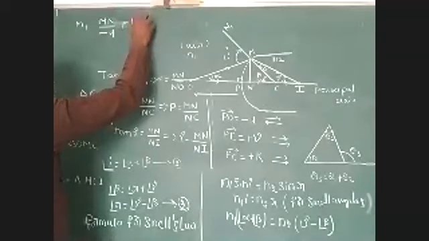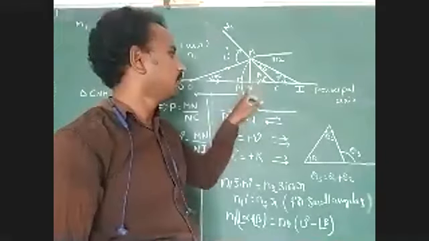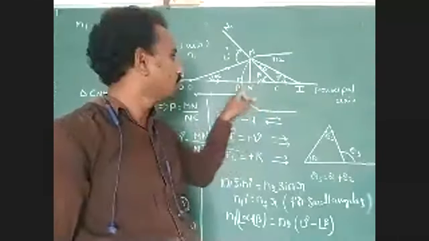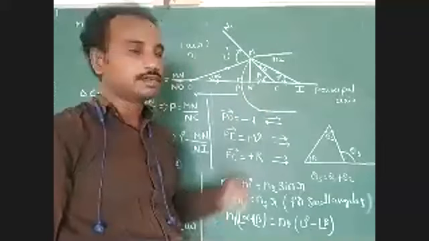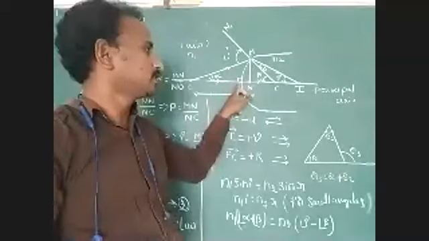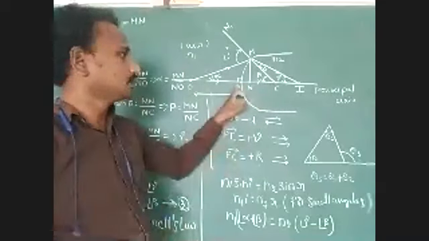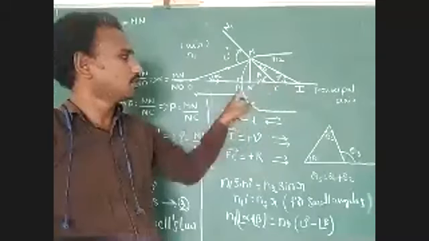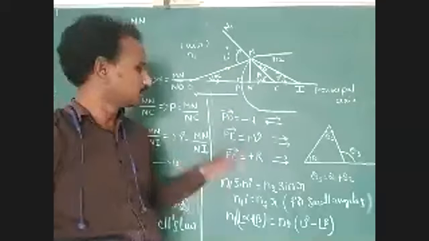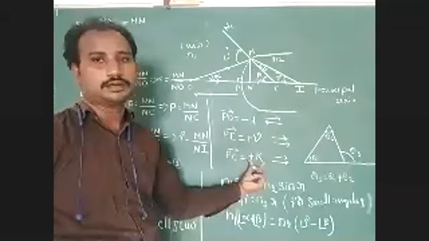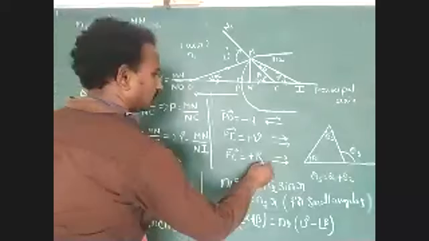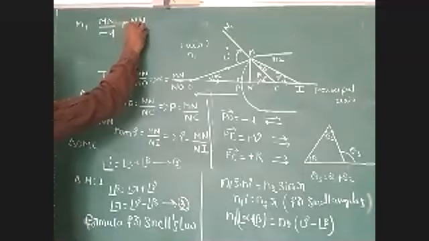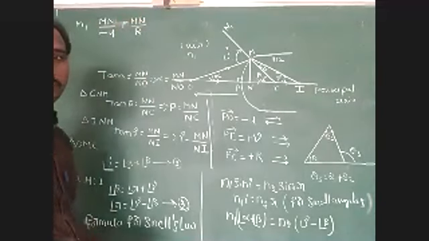The NC value you have to identify: calculate the distance from N to C, which equals P to C. For small angles, the radius of curvature equals NC. So PC is approximately NC, and here the PC value equals plus R. Understood? So plus R.